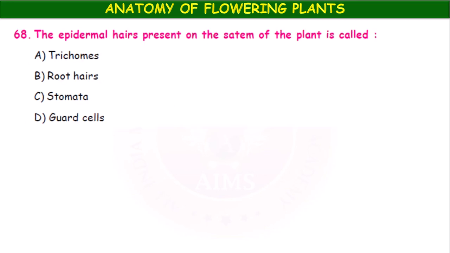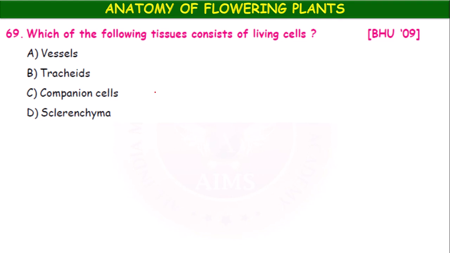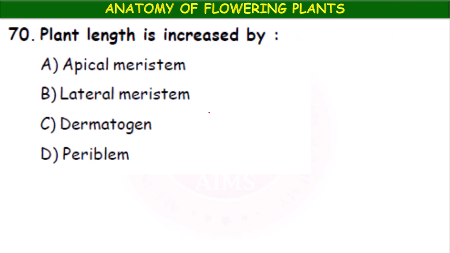The epidermal hairs present on the stem of the plant are called trichomes, root hairs, stomata, guard cells. Trichomes. Okay. Which of the following tissues consists of living cells? Vessels, tracheids, companion cells, sclerenchyma. It is the companion cells which are living cells.